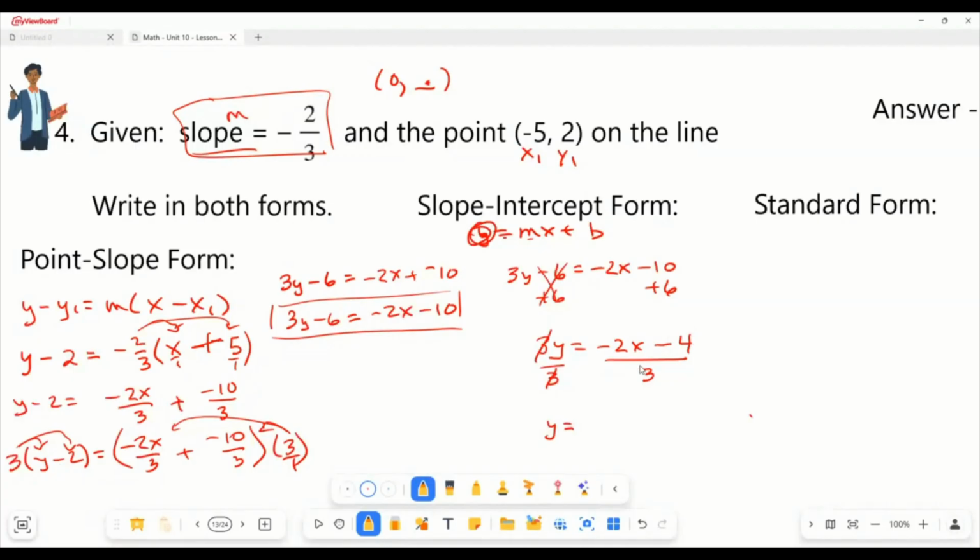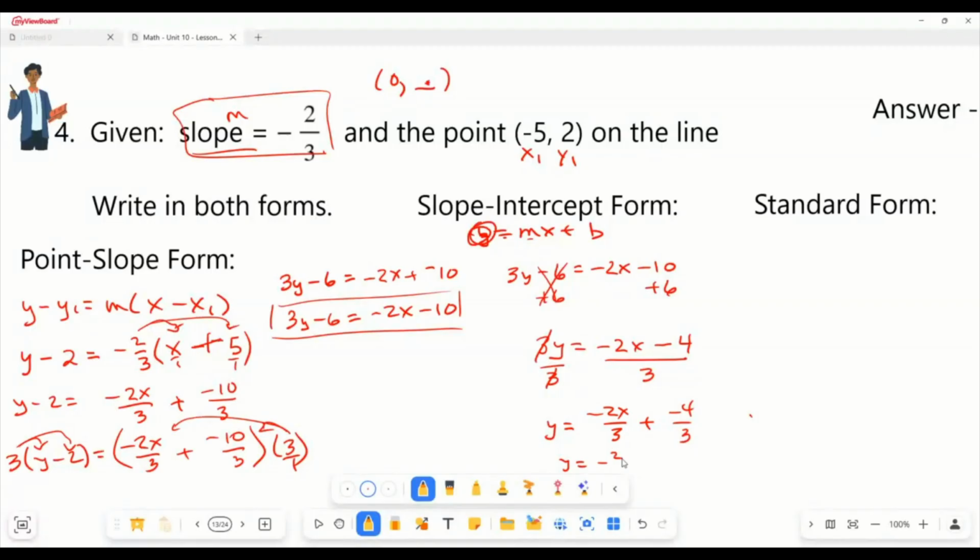Here, I can create two fractions, negative 2x over 3 plus negative 4 over 3. We need y by itself, everything else on the other side. I have that. I just need to clean this up. Do any simplifying.